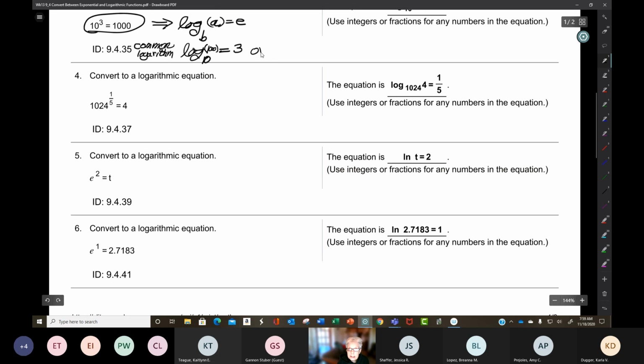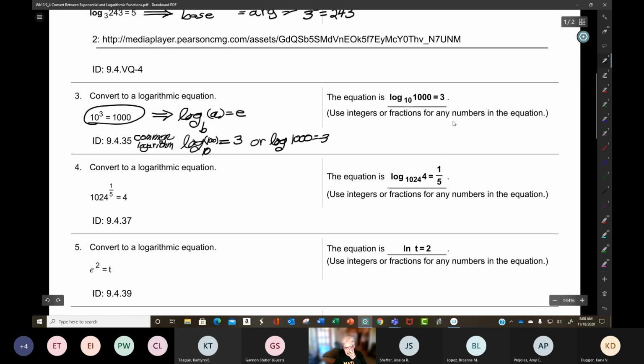Or, since log base 10 is most commonly just written as log 1000 equals 3. And if you were to put that in your calculator, you would push the log button, 1000, enter, and the answer you'd get would be 3.